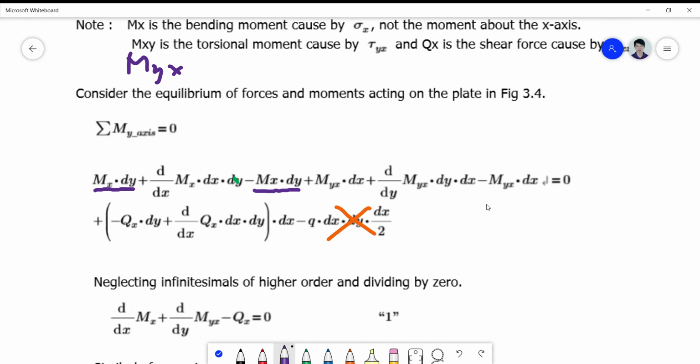So we have here your partial derivative, this one here, and also your Myx dx plus the partial derivative of Myx plus delta Myx.